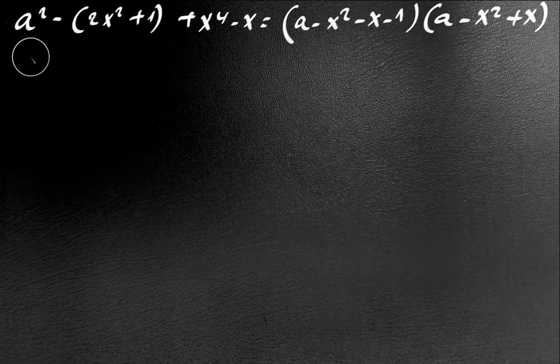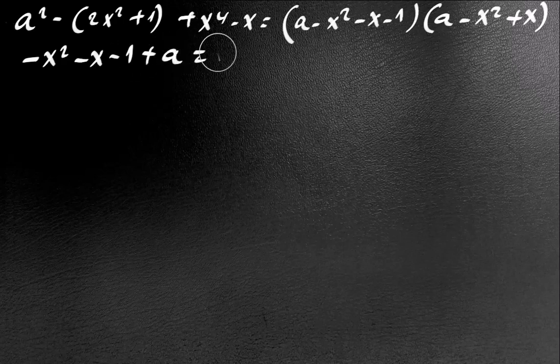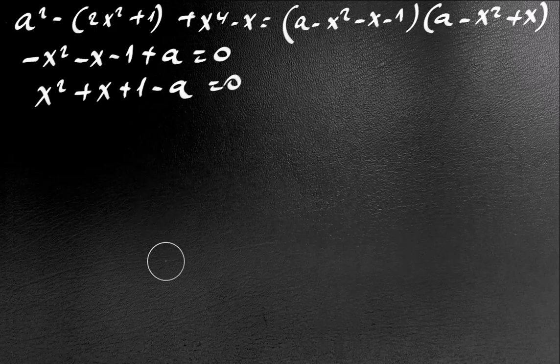So we take the first case, it will be minus x squared minus x minus 1 plus a is equal to 0. That yields, we can multiply by negative 1, so x squared plus x plus 1 minus a is equal to 0.